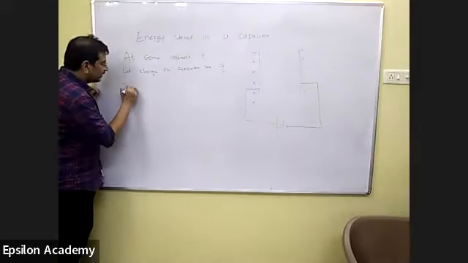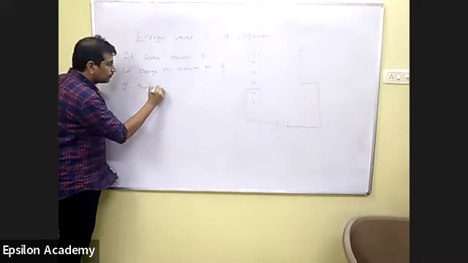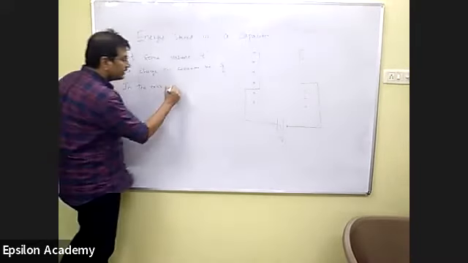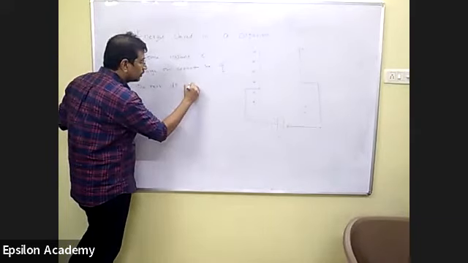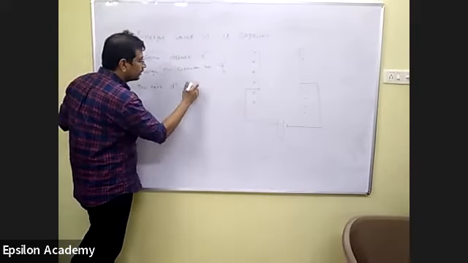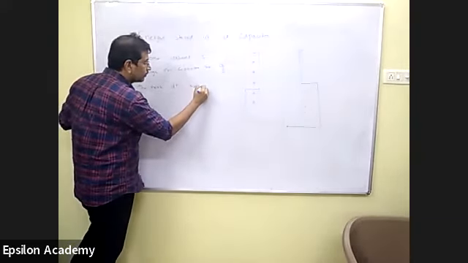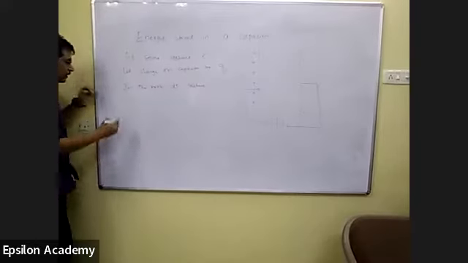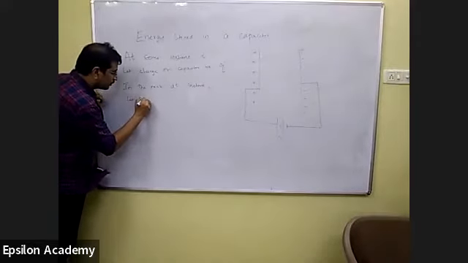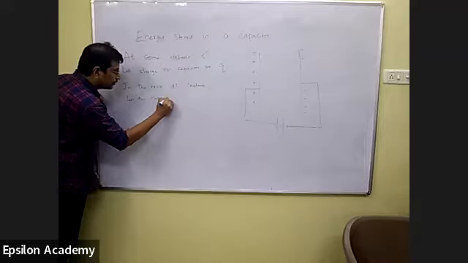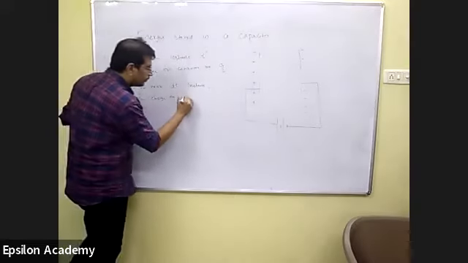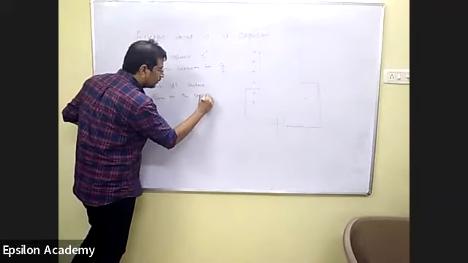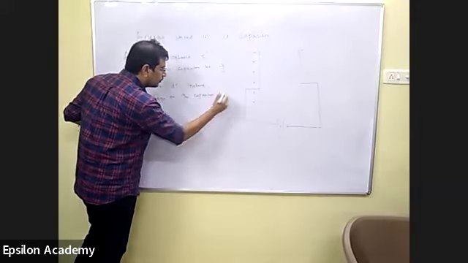So in the next dt instant, let the charge getting deposited on the capacitor be dq.